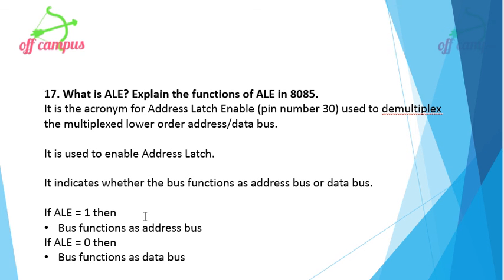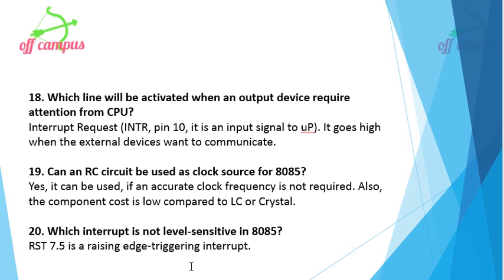If ALE is 1, the bus functions as an address bus. If ALE is 0, the bus functions as a data bus.